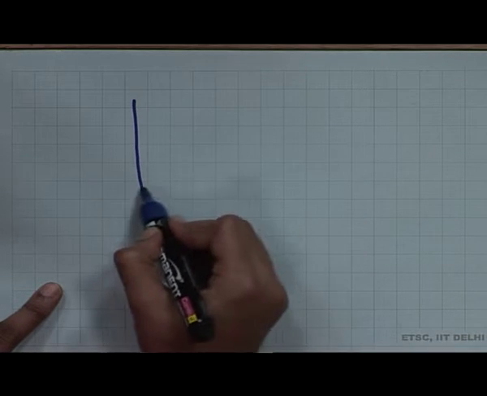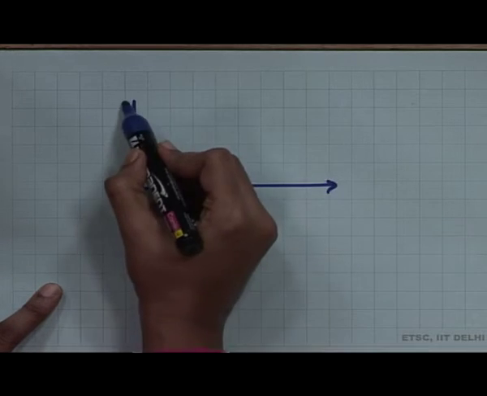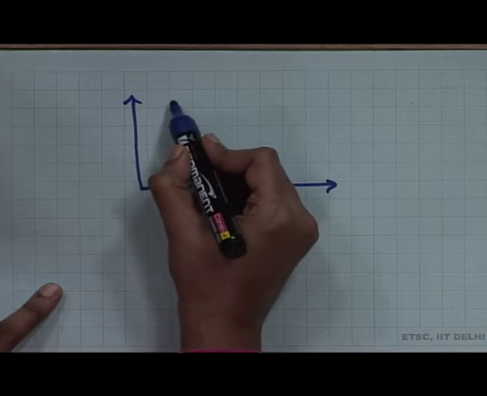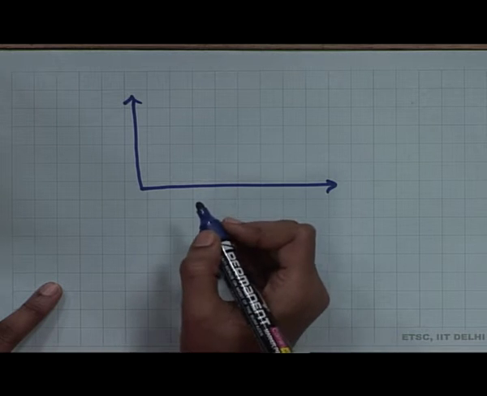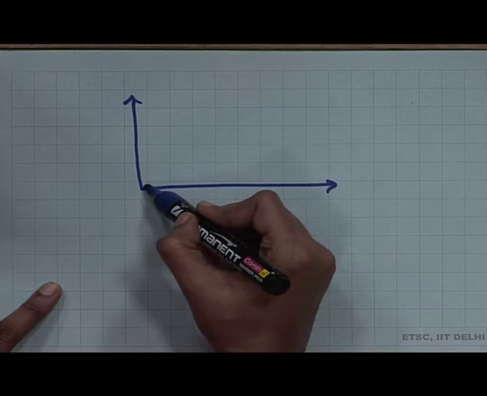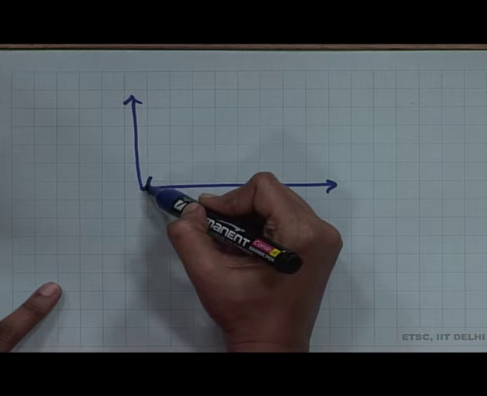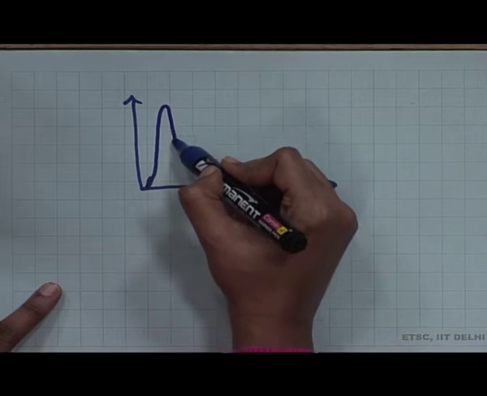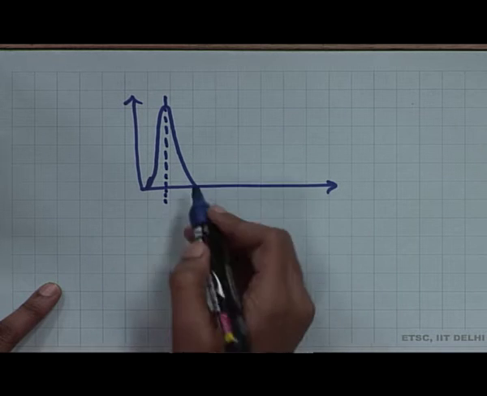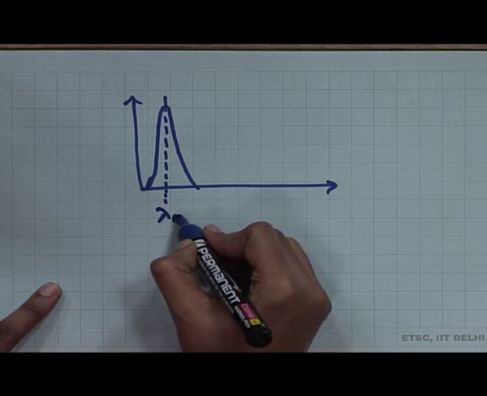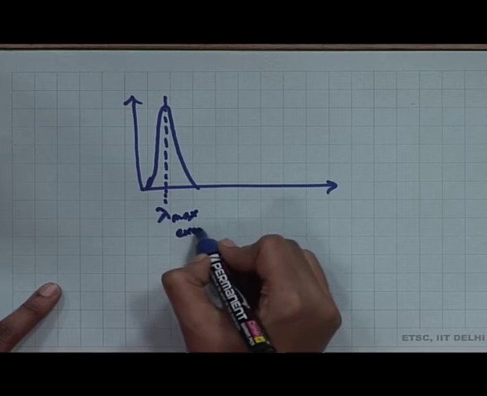What is fluorescence? So, if there is the protein, when it is fluorescing, it would be excited by a certain wavelength of light. Suppose this is the maxima of excitation, lambda max of excitation.